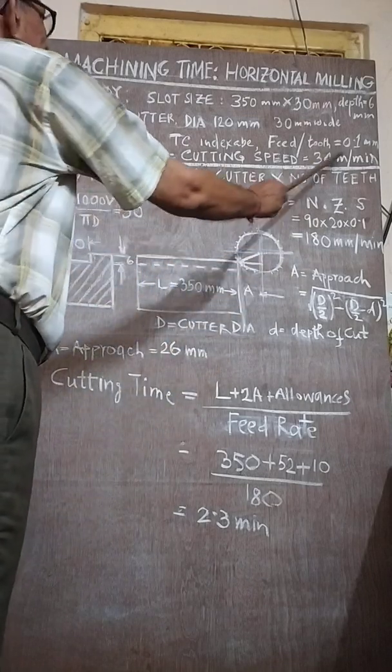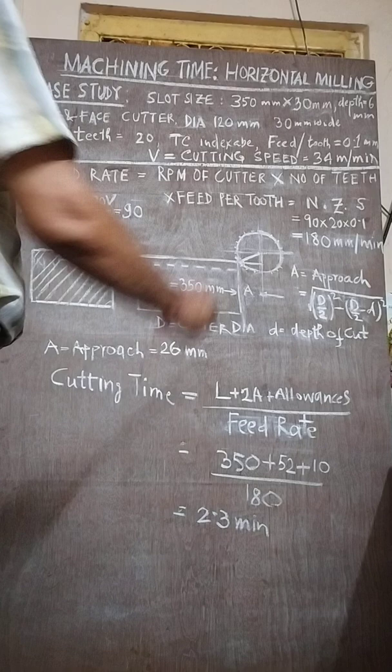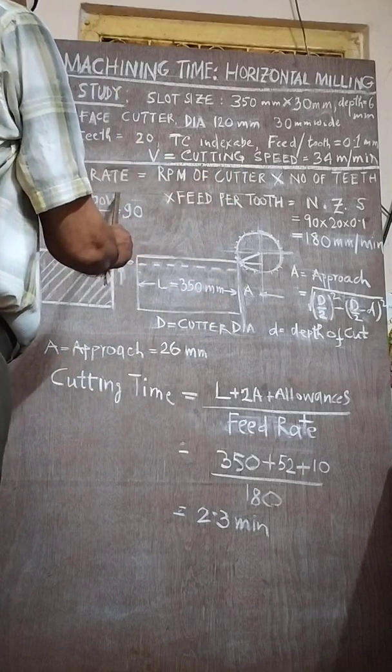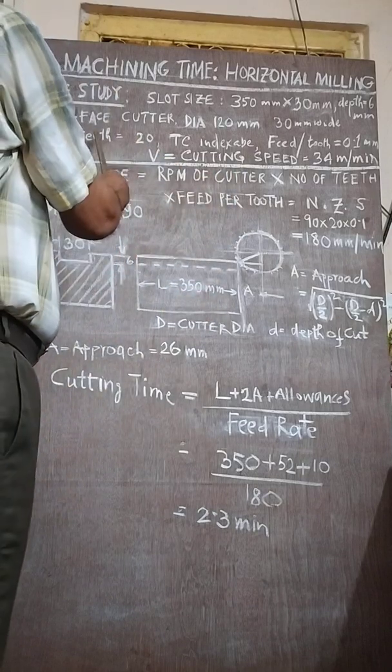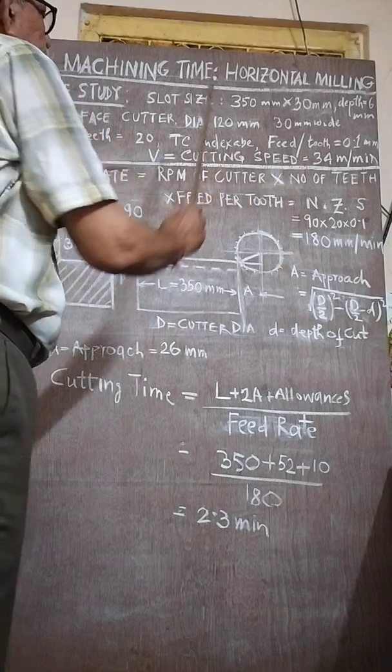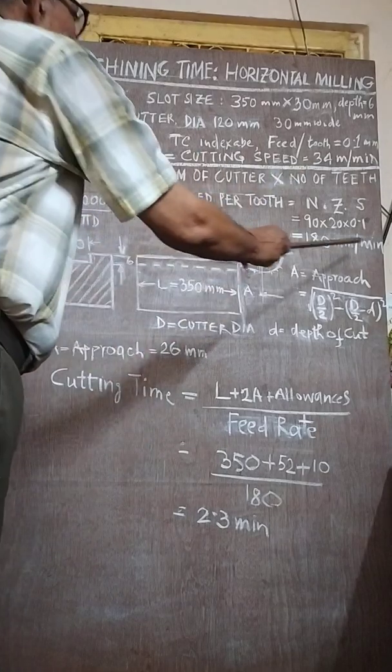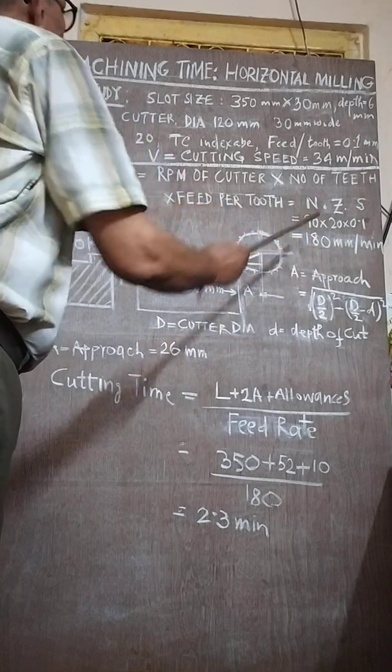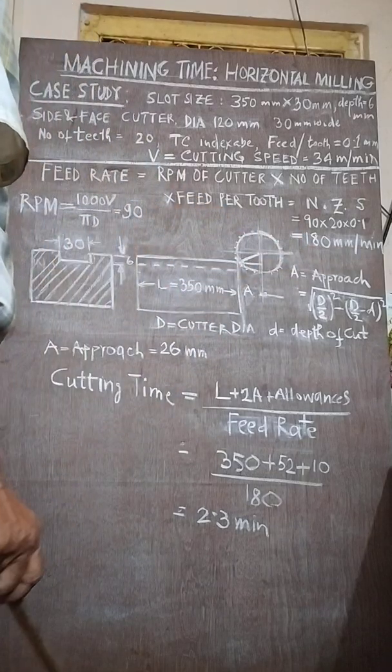This is a standard value. With this value we put V and D, where D is the diameter of the cutter, 120. We have found out the RPM, that RPM is put here, and with this we have found out the feed rate of the machine.